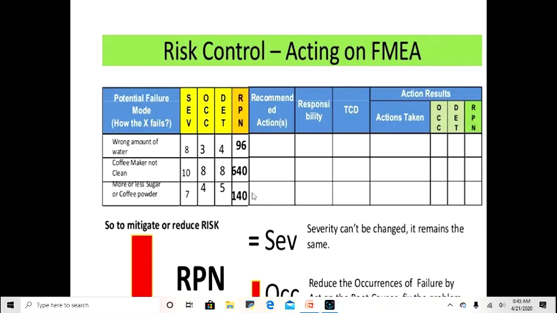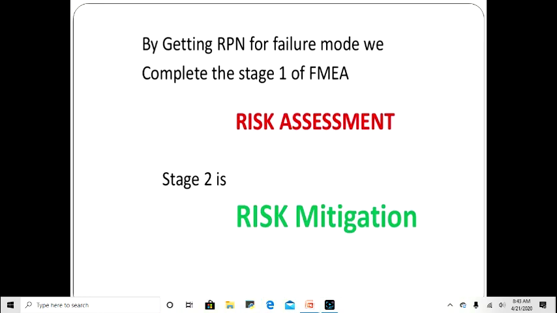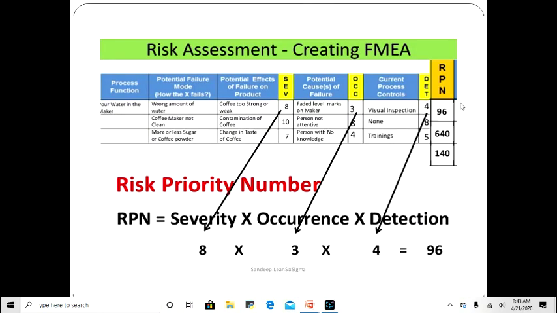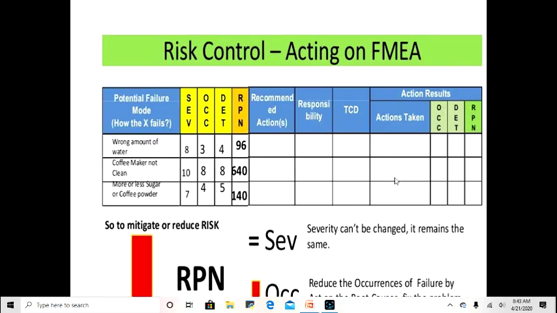If you look at our table, the case study we have taken, 96 is minor, this is medium, and this is highly risky. So first you will look at the highly risky one to control and bring into limit. That is what you have to do now. When you look at this RPN number, you look at three different cadres: low risk, medium, and high risk.